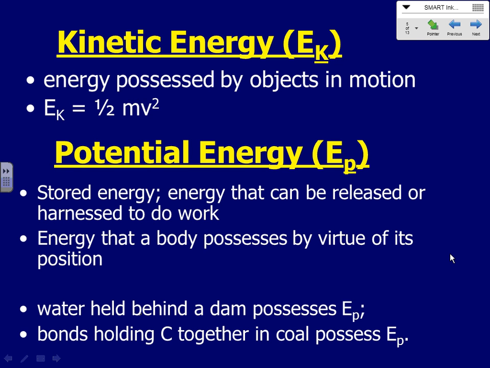Kinetic, something's moving, or potential, something's attracted to something else, thus giving it the ability to move. In the end, all forms of potential energy will be converted eventually into kinetic energy.